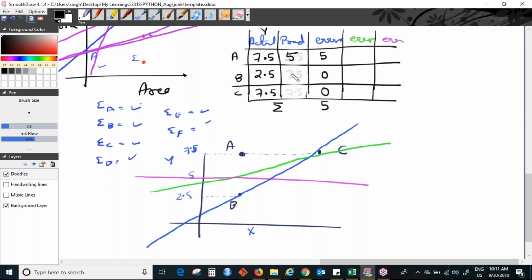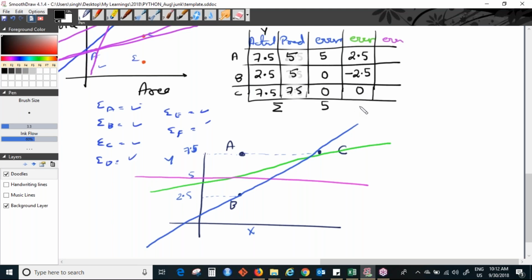For point B, again 5. Yes, for point C, it is 7.5. So if I write the error, it is actual minus predicted, so 2.5. Again actual minus predicted, so minus 2.5. Again actual minus predicted, so 0.